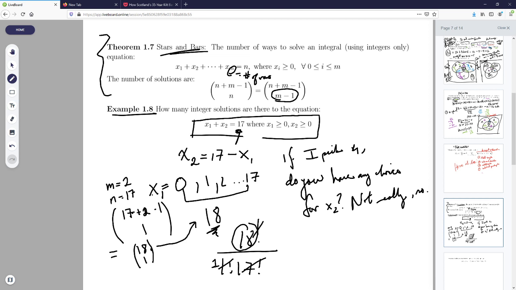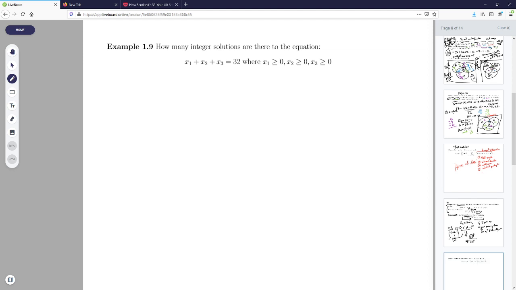Okay. So let's look at another equation. What about this one? How many integer solutions are there to this thing? Well, unfortunately, this is not as easy, right?